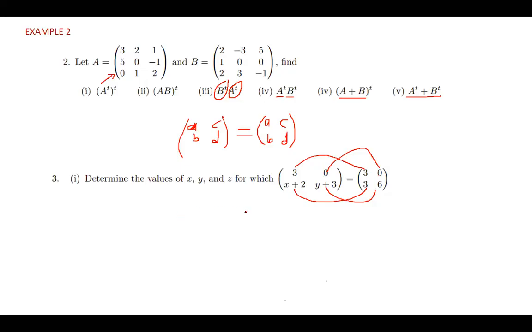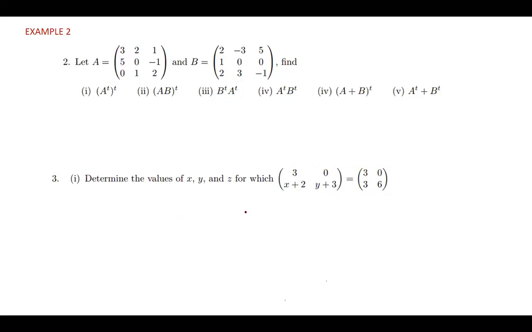So we're going to equate this. We said x plus 2 will be just the same as 3. For us to find x, we need to take this 2 to the other side of the equal sign to be 3 minus 2, which gives us 1.